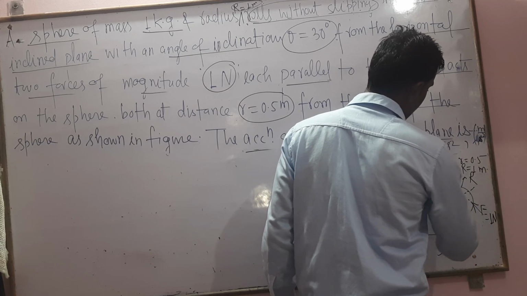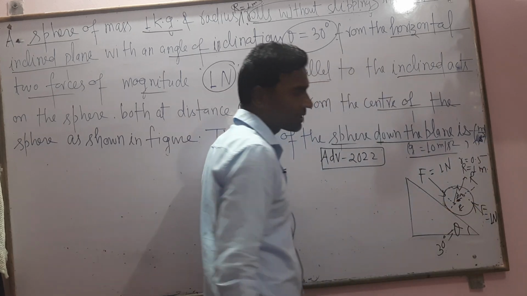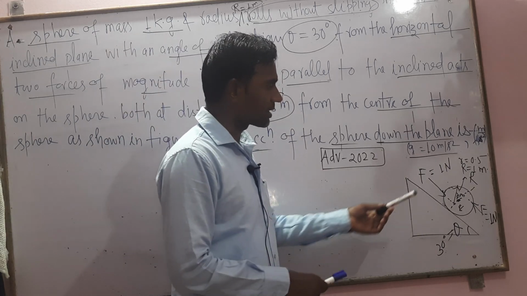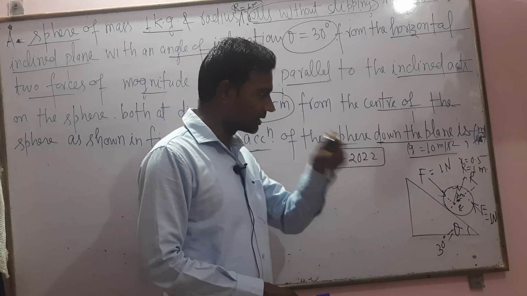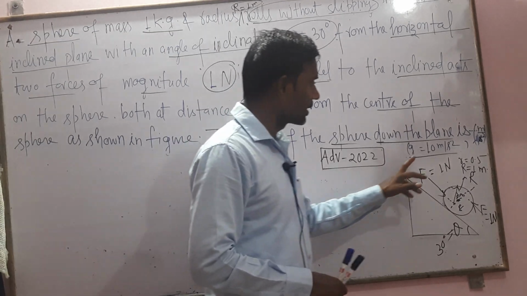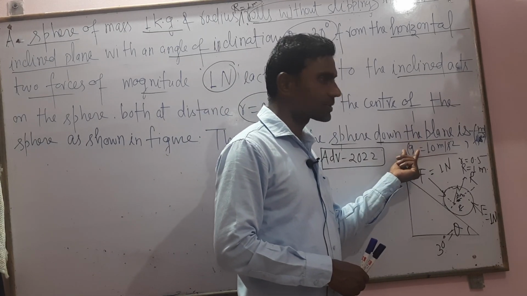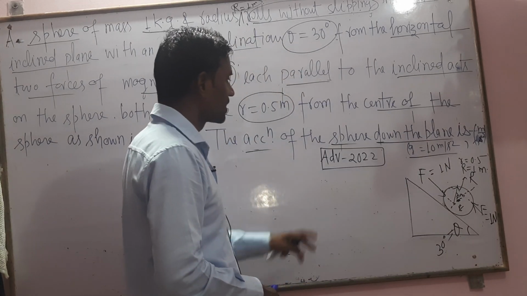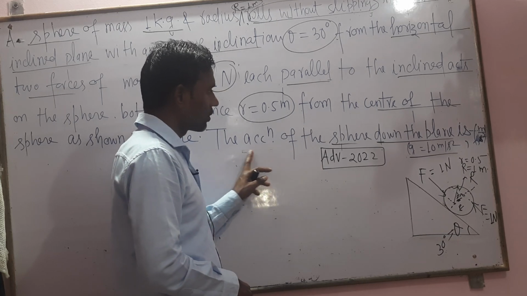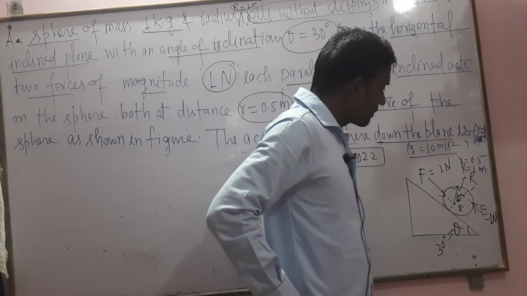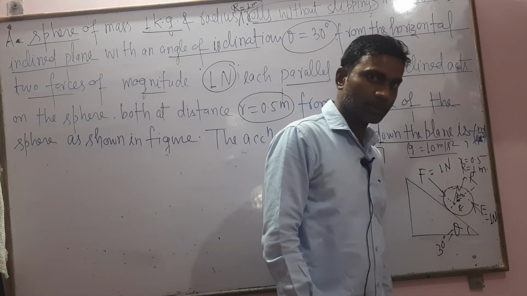The gravitational acceleration is 10 meter per second square. This question is from Advanced 2022. We have to find the acceleration of the solid sphere.